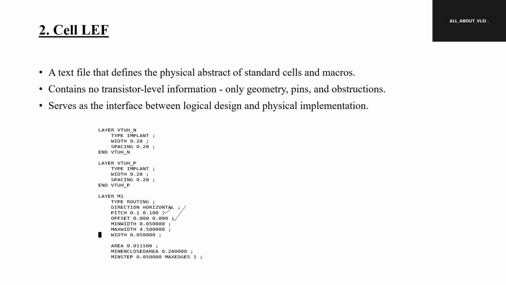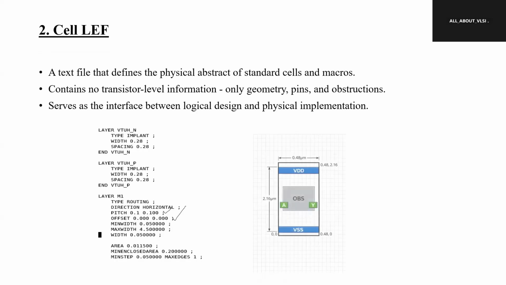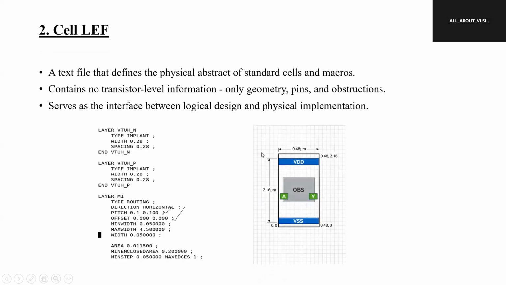Okay, see, I'm having height. This is the height, and this is the width of my one standard cell, right? This is the origin. This is one XY. It also contains the XY symmetry locations. So all this information is present in cell LEF. Okay.